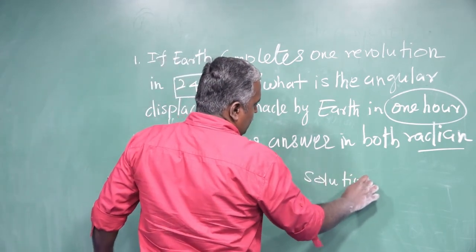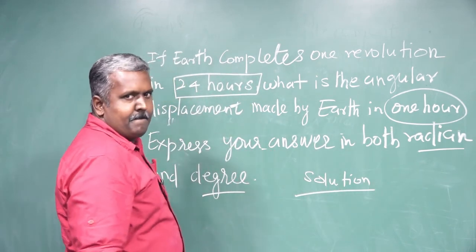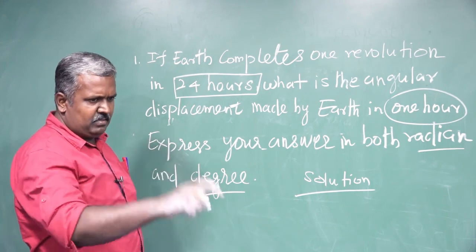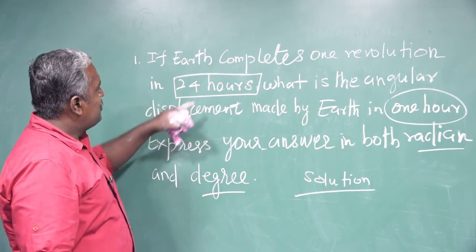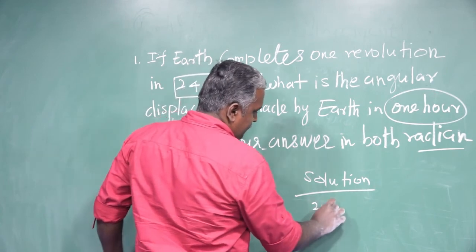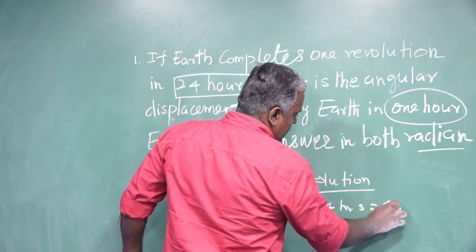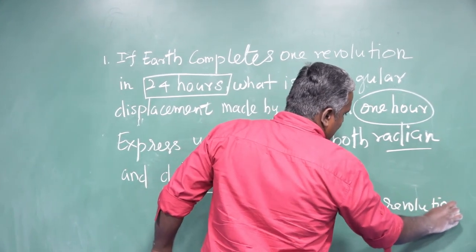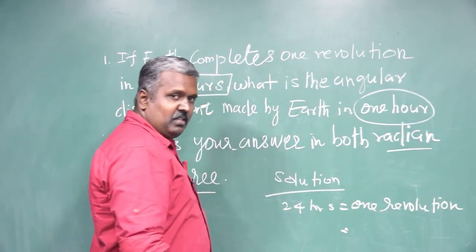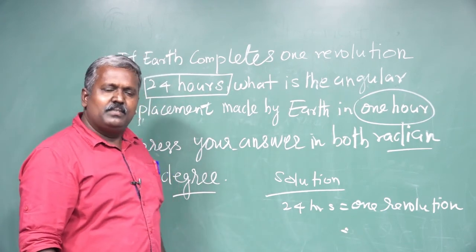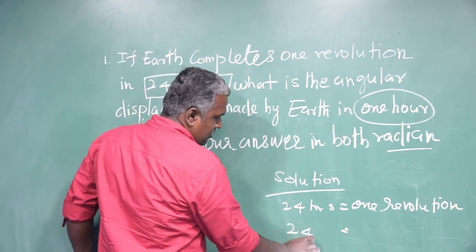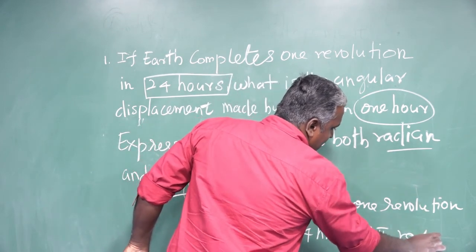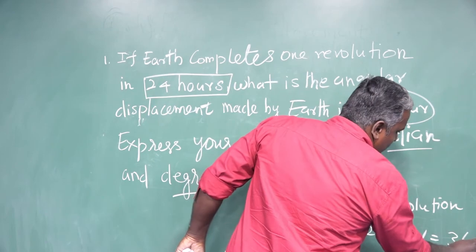Solution. Any idea? Very good. You are correct. 24 hours is equal to one revolution. I am correct or not? So for a complete revolution, the angle is equal to 2 pi radian or 360 degree.